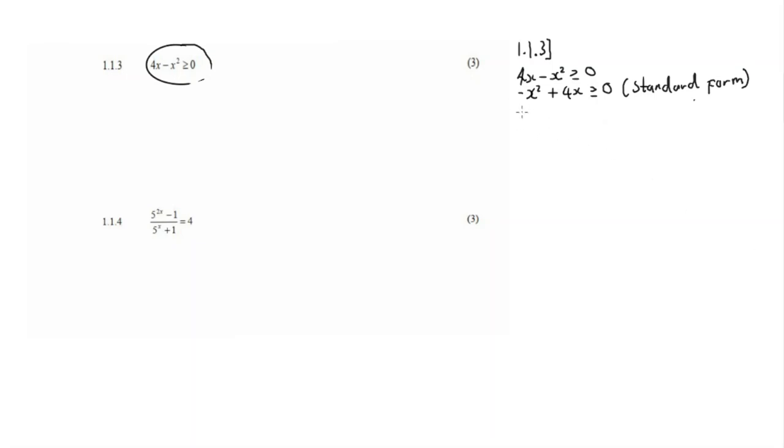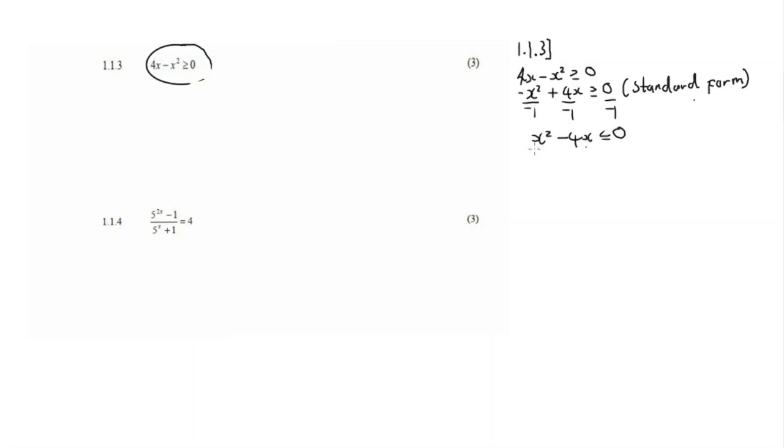So now, divide throughout by negative 1, negative 1, negative 1. So I am left with x squared minus 4x less than or equal to 0. By dividing by a negative number, the inequality sign changes.